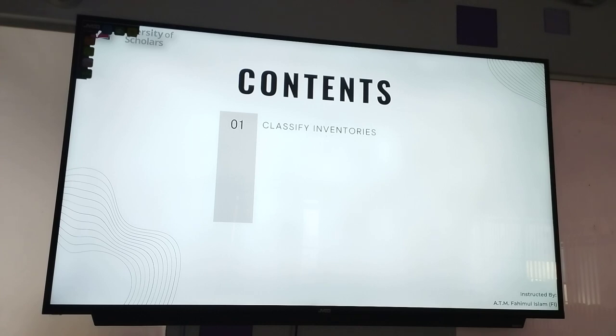We'll be learning that, and how they account for their inventories. Moving on, we'll be determining the inventory amounts. We will check the physical amounts and the financial amounts too. Are they similar or not? We'll be discussing that in this section.